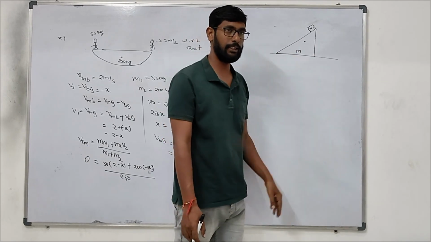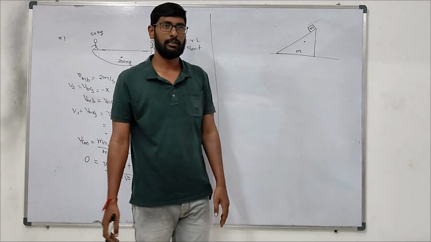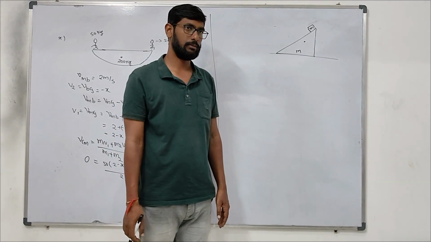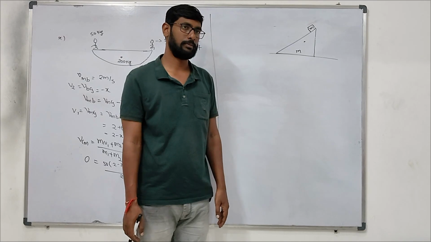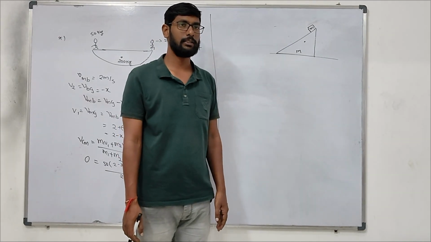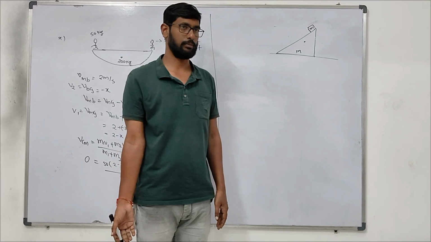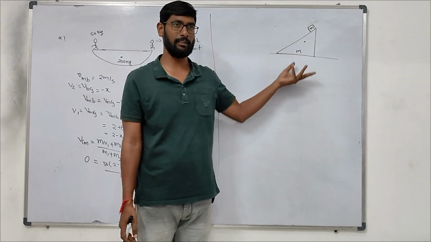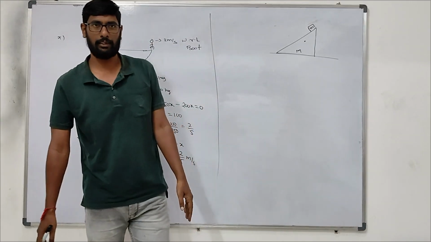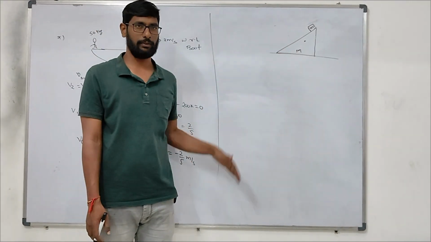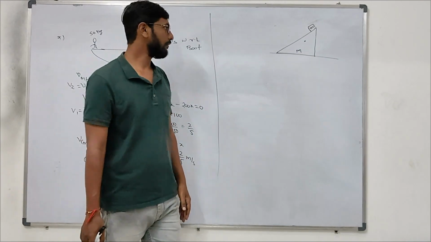In the horizontal direction, is there any force acting on center of mass? No external force. Right. This applies normal force, that also applies normal force, but those are internal forces. Internal force cannot affect the acceleration of center of mass. So there will be no acceleration of center of mass in the horizontal direction.